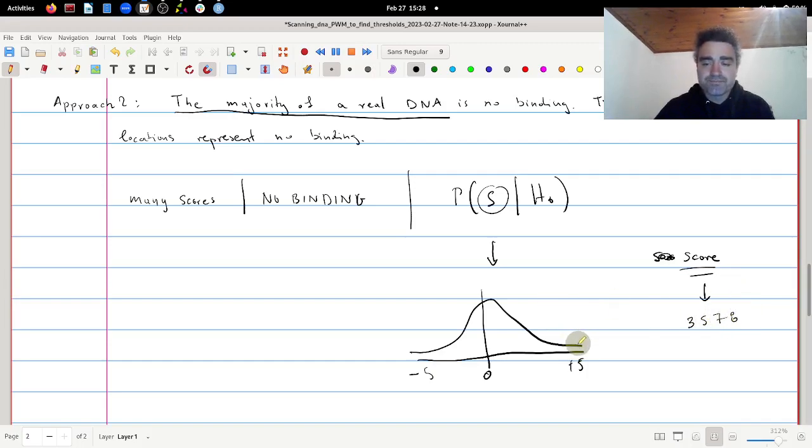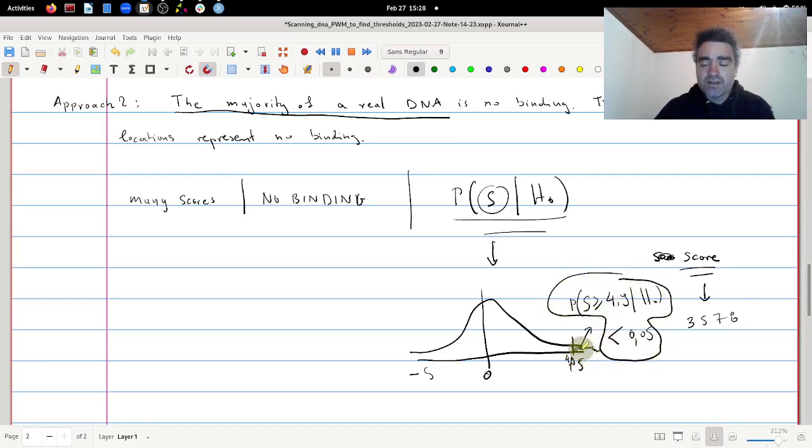Now if this score is somewhere here, it's very high, so let's say that the score is 4.9, and from this distribution there are only a few values that are higher than 4.9, and the probability to obtain a score higher than 4.9 when the null hypothesis is correct is small, smaller than 0.05. Then we say that we reject the null hypothesis and we accept the alternative hypothesis, which is that in this position there is a binding.